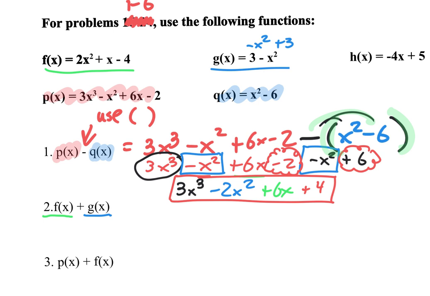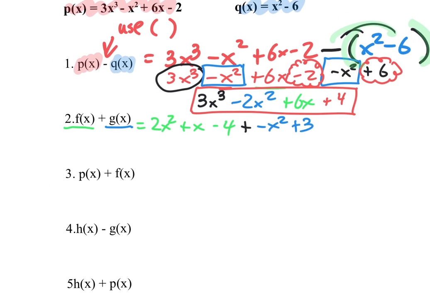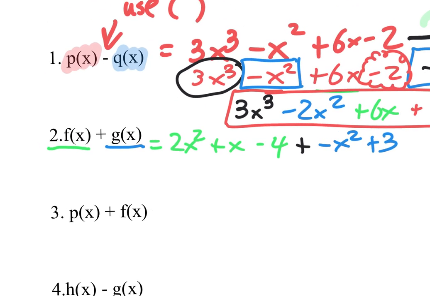Okay, so what does this look like? So f of x is 2x squared plus x minus 4. And g of x is negative x squared plus 3. Now, we don't have as much to worry about here since our values don't have a big negative in between them. We're just adding, so literally all we have to do is combine like terms.